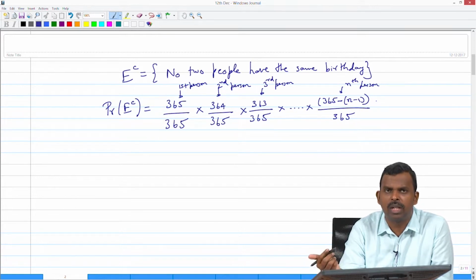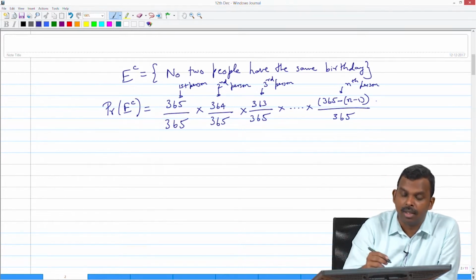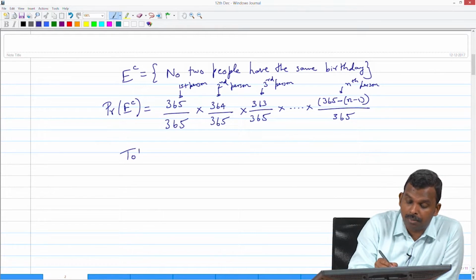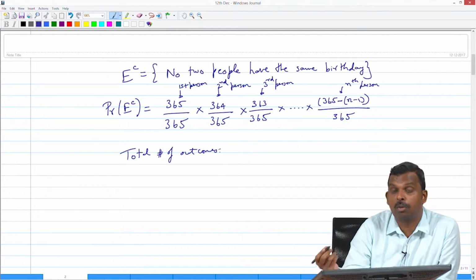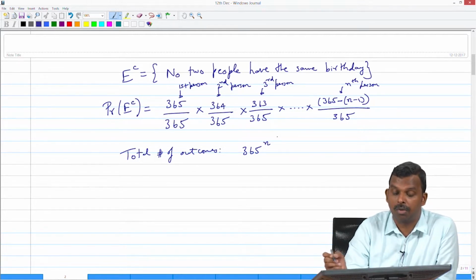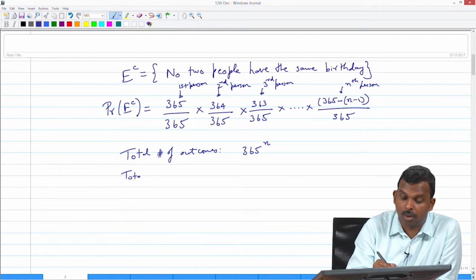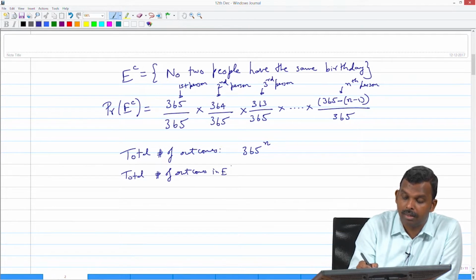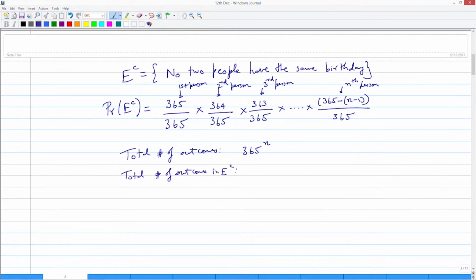Okay. So, you can also do it in so many other ways. So, for instance, you can look at the total number of outcomes. Okay. The total number of possible birthdays for n people is 365 power n. Okay. So, that is the total number of outcomes. What is the total number of favorable outcomes? Outcomes in E complement, that will be no two of them should repeat.